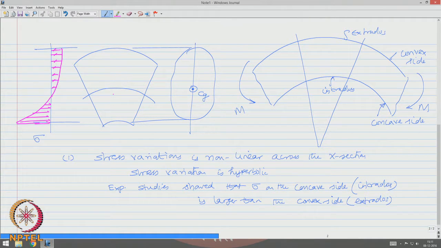Therefore, it is interesting that the neutral axis will shift towards the center of curvature.